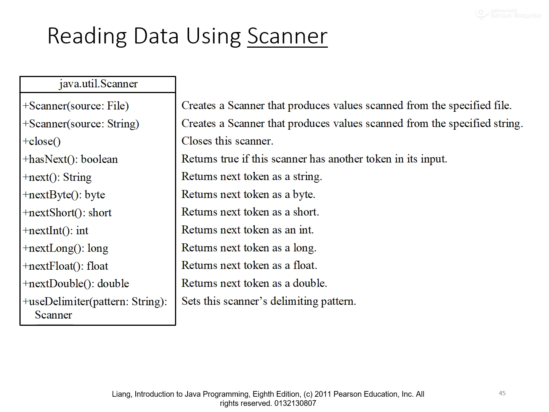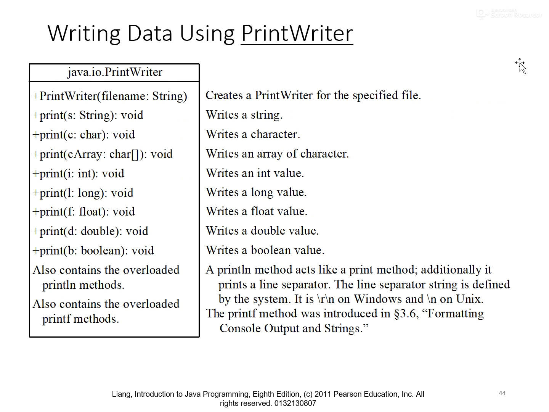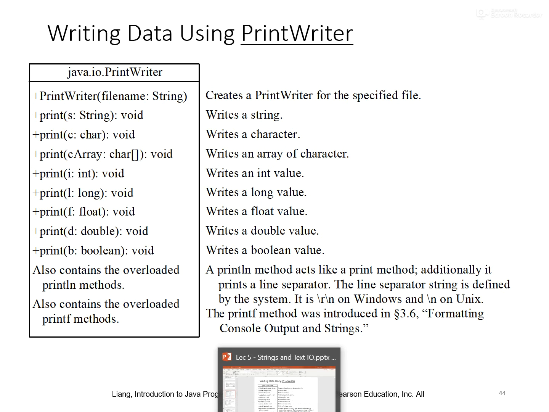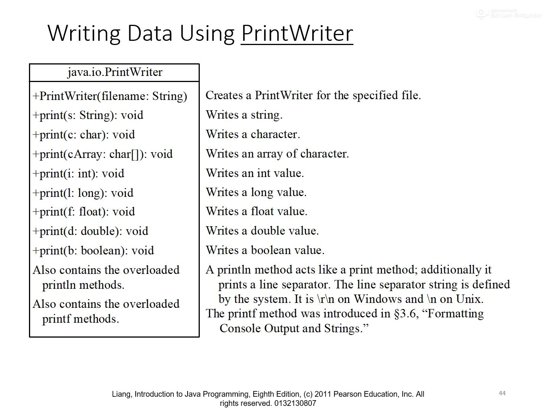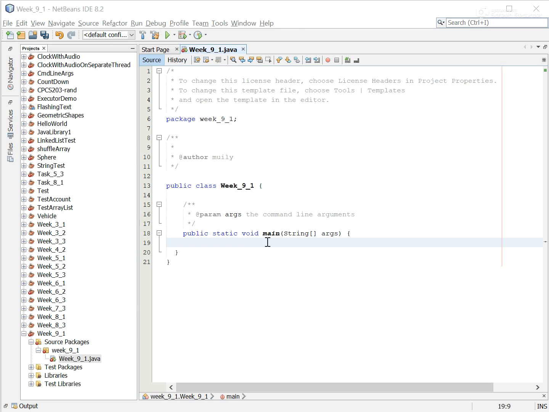It's just primarily to show you what a file object is, and before that I'm going to create a file using the print writer class. Okay, so let's get started here.